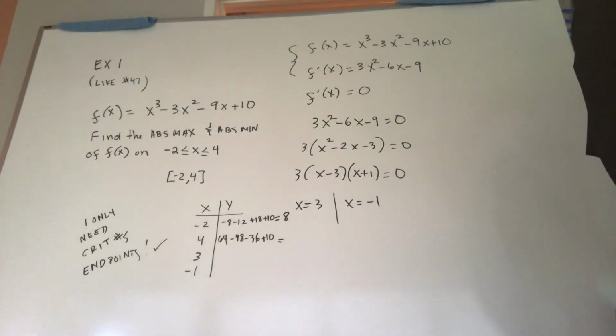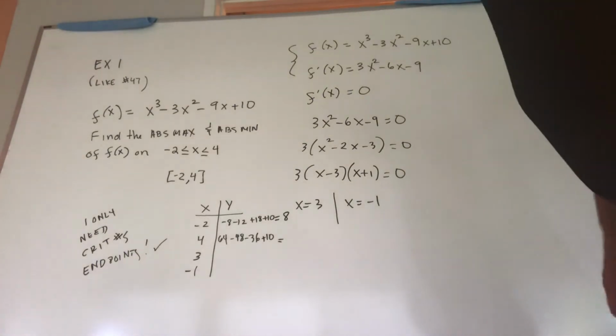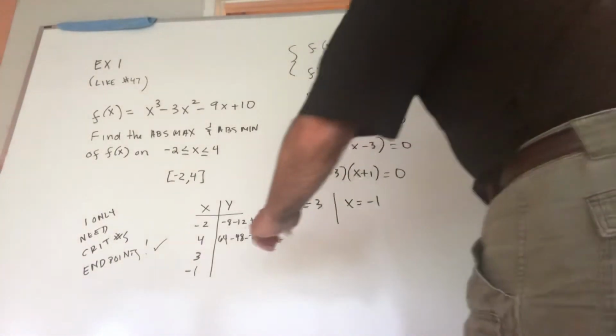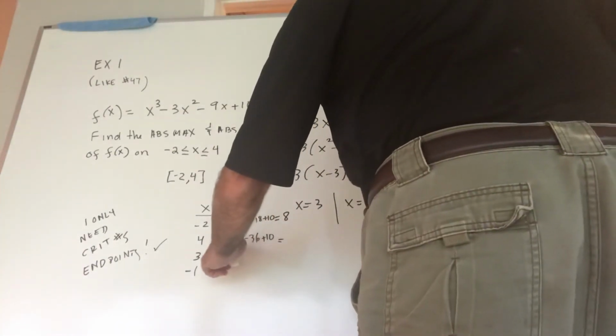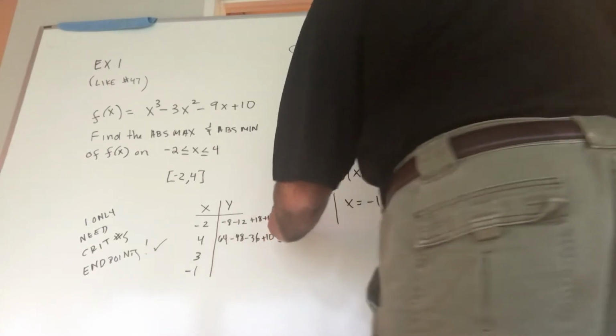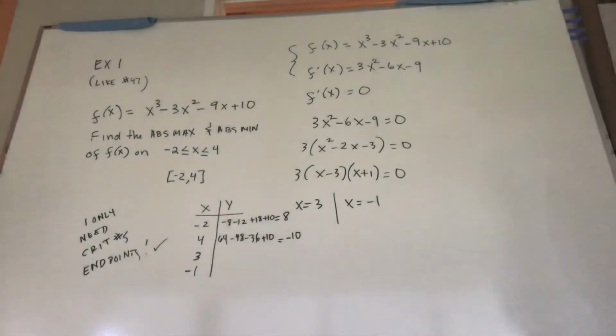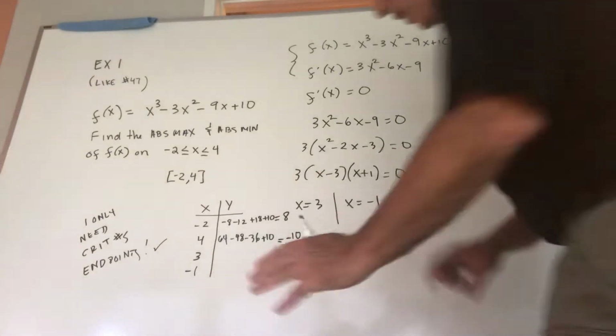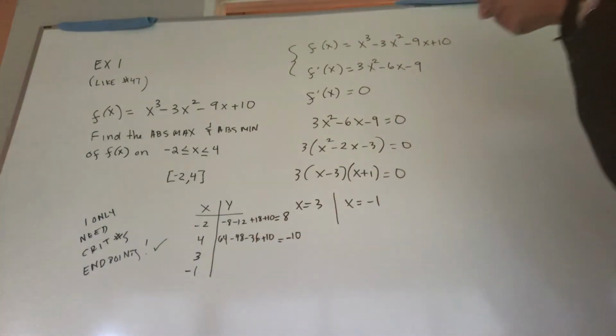So let's add those up. 64 minus 48 is 16, minus 36 is negative 20, plus 10 is negative 10. If I add those up, I get negative 10. And again, I don't want to dismiss this. That would actually be challenging without a calculator.